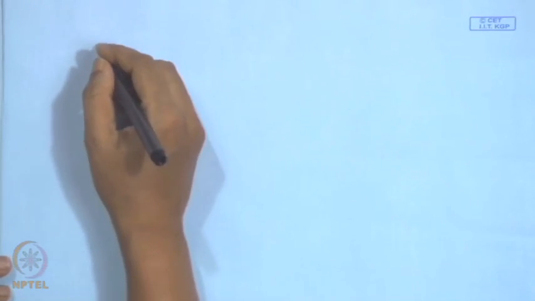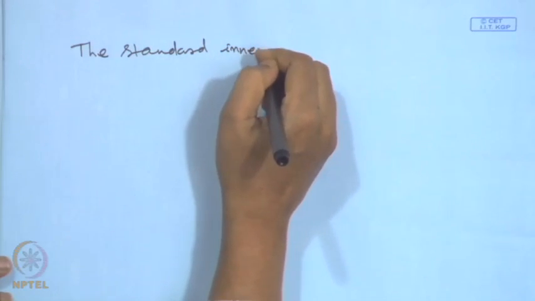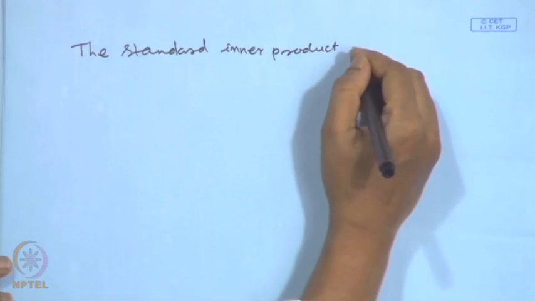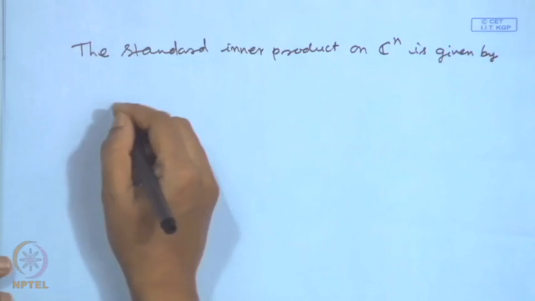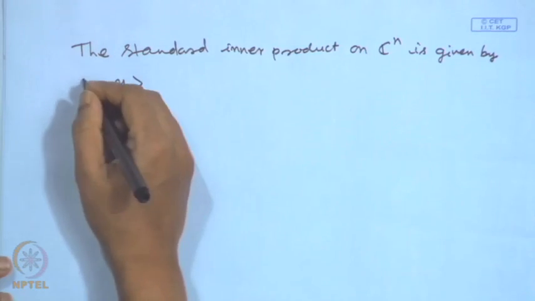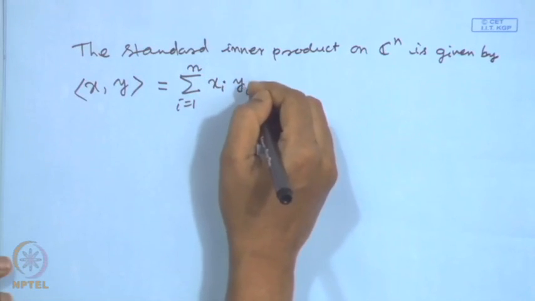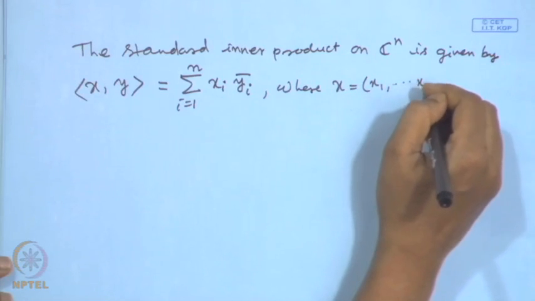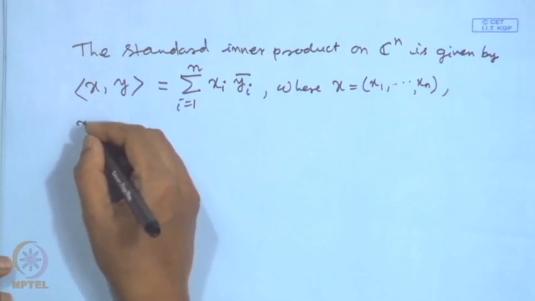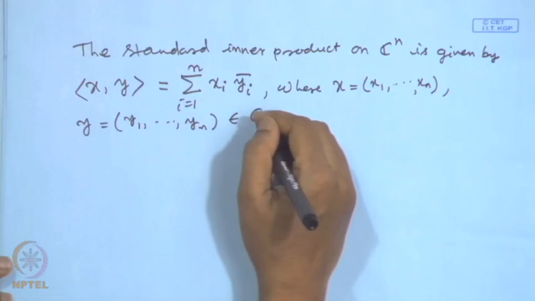So, recall that the standard inner product on C n is given by the inner product of x, y equal to the summation i equal to 1 to n of x i y i bar, where x consists of x 1, x 2 to x n, and y has components y 1, y 2 to y n, which are vectors in C n.